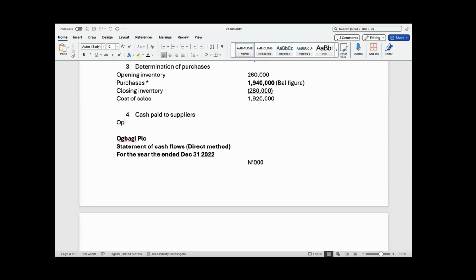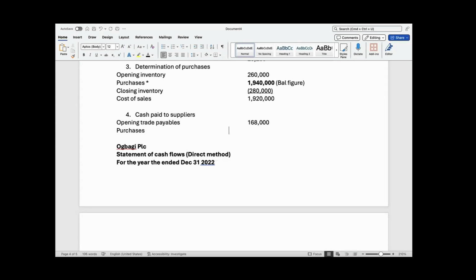So my opening trade payables, we said that is how much? 168. My purchases, we said that is 1940. My closing trade payables, how much did you call that? 180.